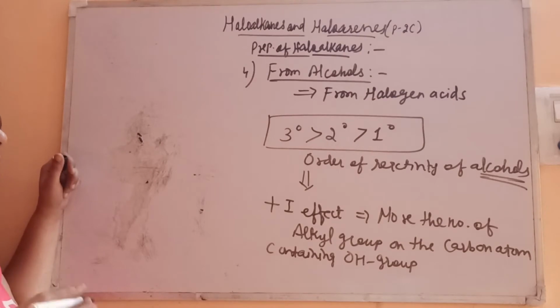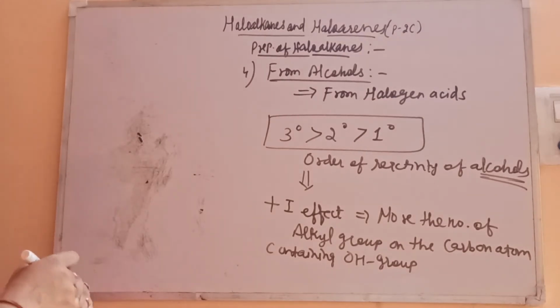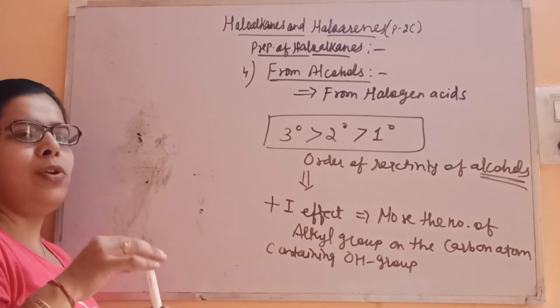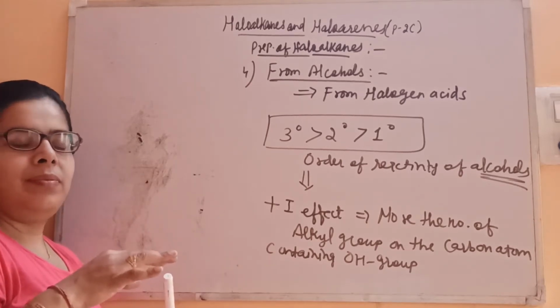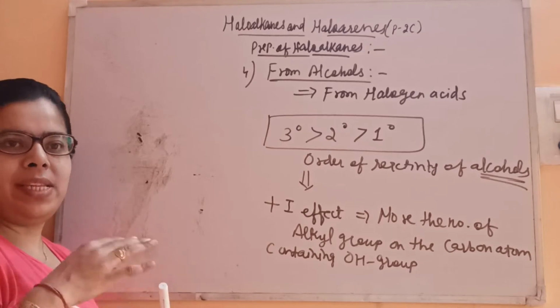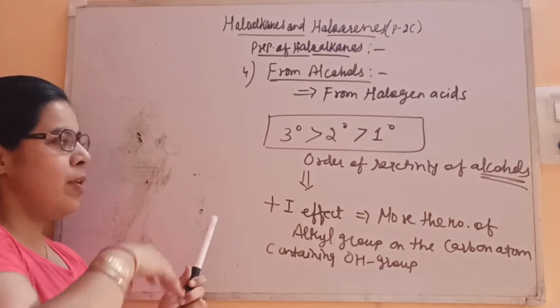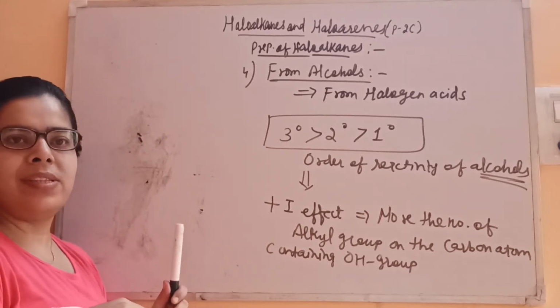Why? Because the carbon is not that much electron deficient, because the role of the alkyl group is to provide electrons towards the carbon. So from all three sides electrons are coming.